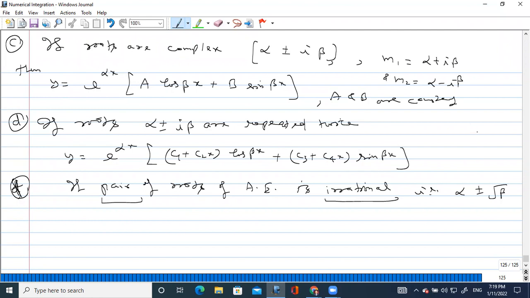Irrational means suppose it is under root 3, so directly I cannot take it. Suppose it is under root 4, it is 2. So this is a real and rational number, but under root 3 is irrational, because it will give you some answer in decimals, 1 point something. So if such kind of roots are there, then directly you can take, but here beta should be positive.